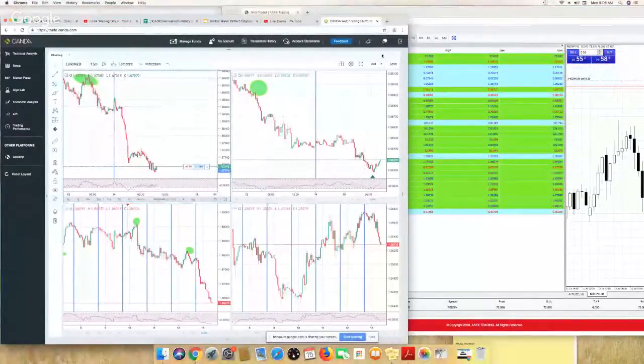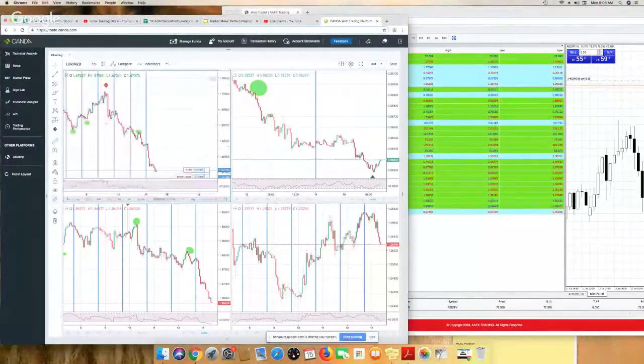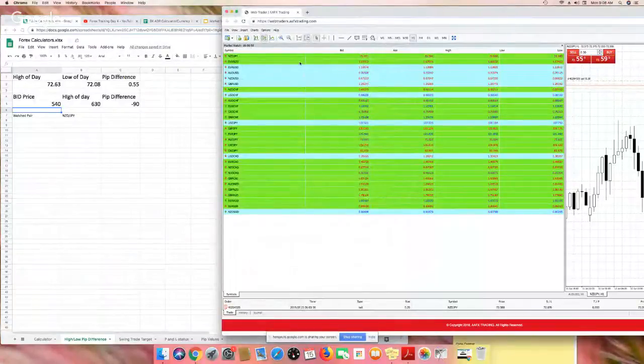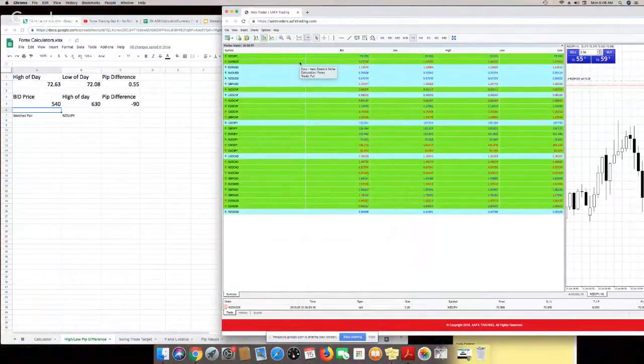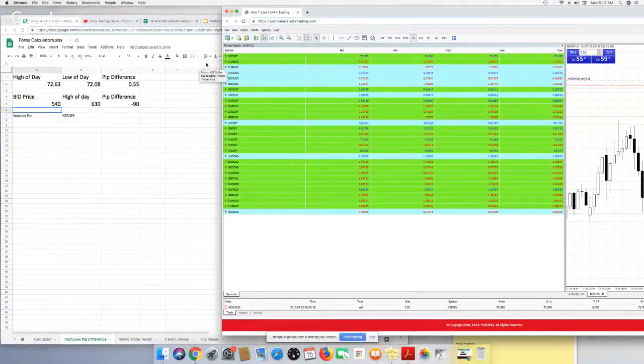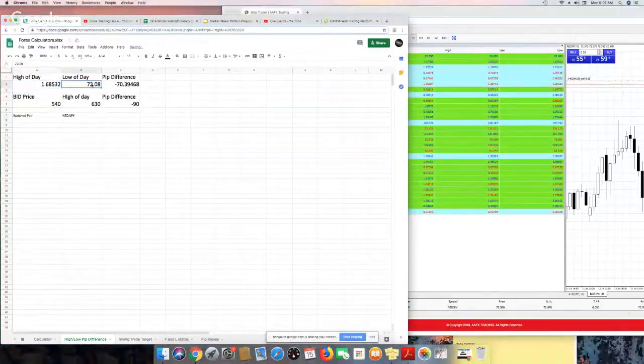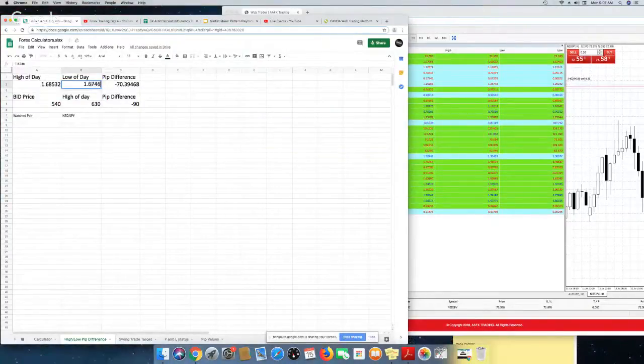But from a high-low board standpoint, let's take a look at that, since this is what our dear friend the bank uses. So on Euro New Zealand, we have a high of the day at 168.532, and the low of the day is 167.463.